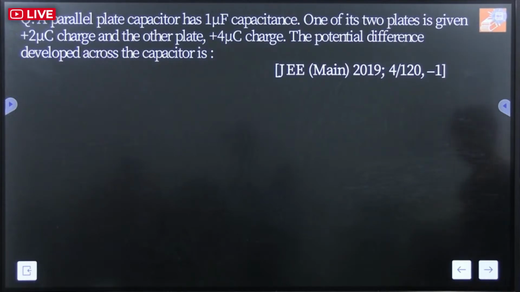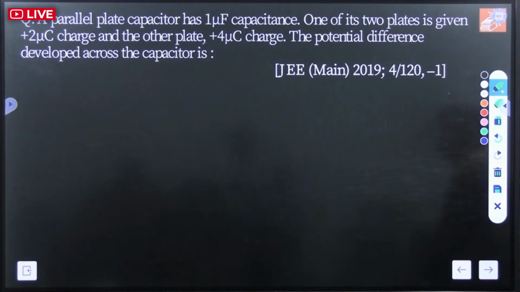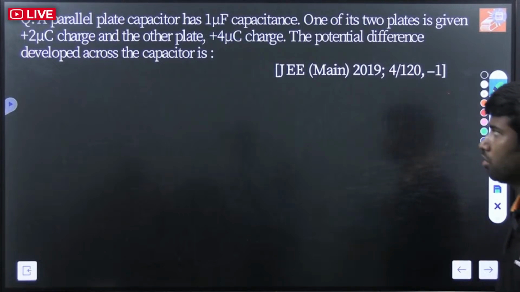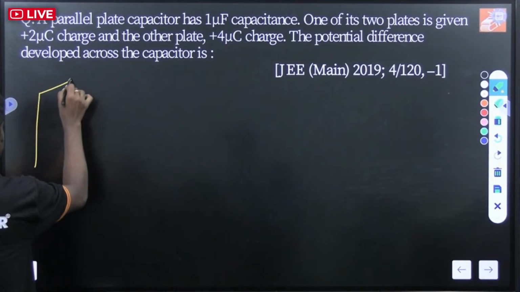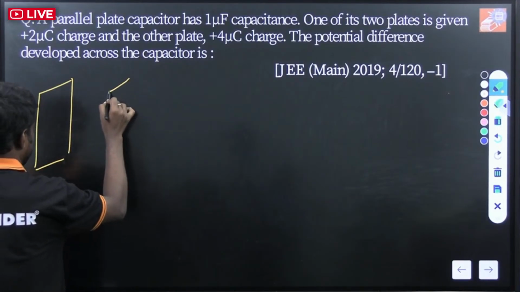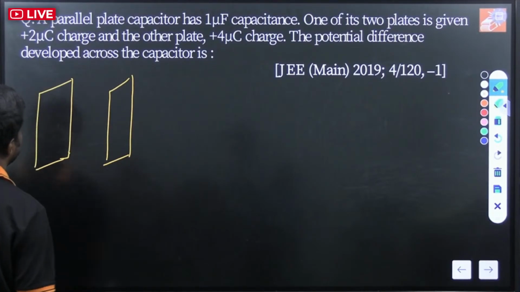So this question is also from 2019. A parallel plate capacitor has 1 microfarad capacitance. One of its two plates is given charge 2 microcoulomb. So these two parallel plates make one capacitor.